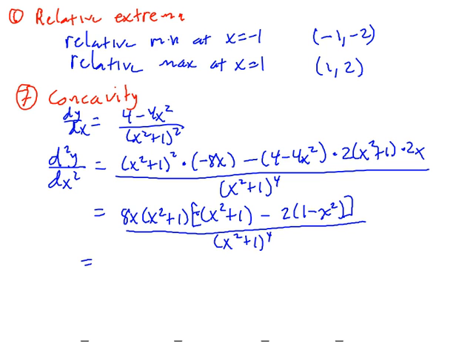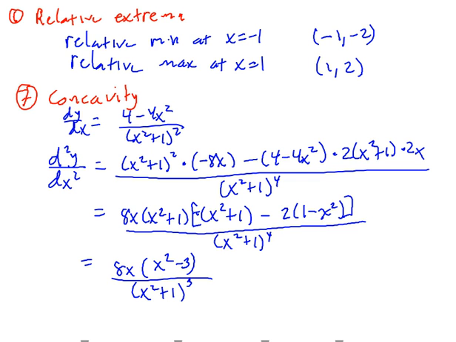An x squared plus 1 also cancels, so we'd have 8x times (x squared minus 3) all over (x squared plus 1) to the 3rd. So that is our second derivative.